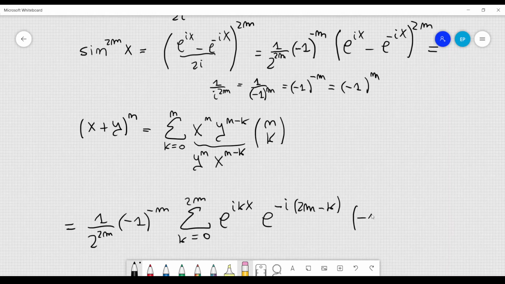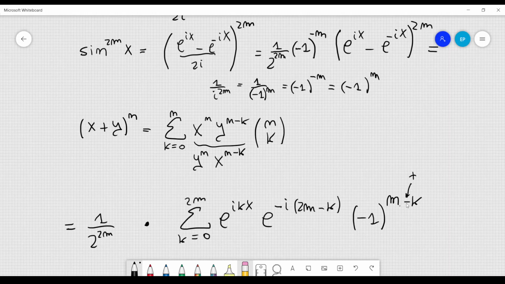And then I have minus 1 to the power, in principle it is 2m minus k, but I also have minus 1 to the power minus m, so I can get rid of this here, and instead of 2m I will just simply write m. So I have m here, and if I want I can also put a plus instead of a minus here. It's not important, as I said, because when I have minus 1 raised to some power, it is also equal to minus 1 raised to minus that power.